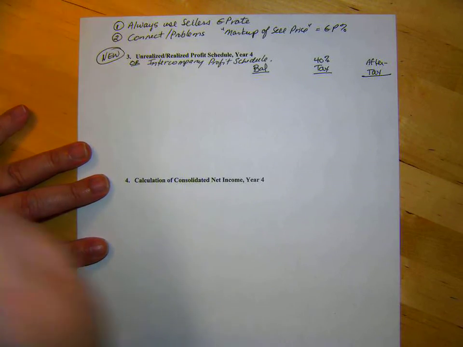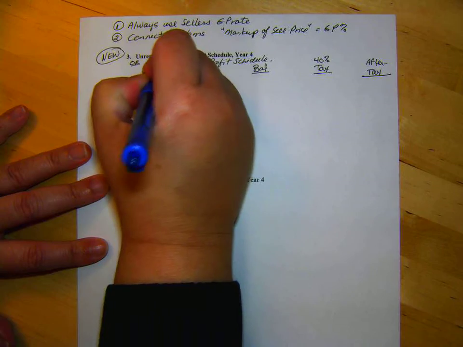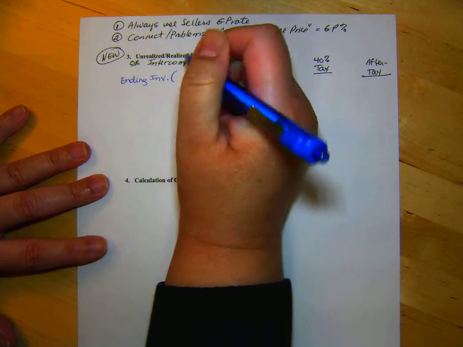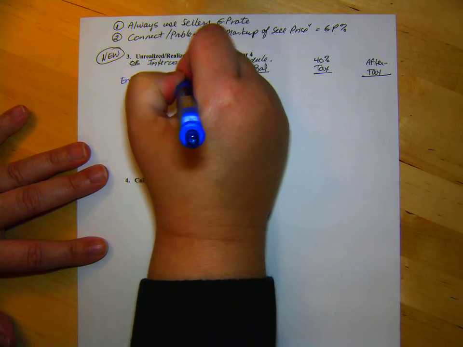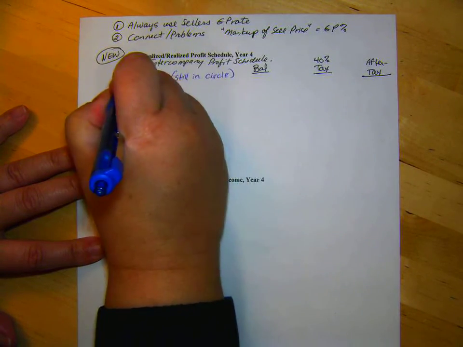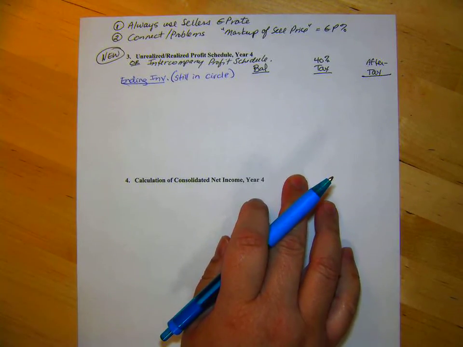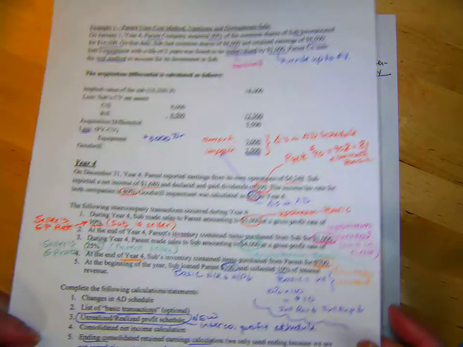And we're going to start with ending inventory. So, still in the circle. Okay, so we're always going back to this main sheet here.